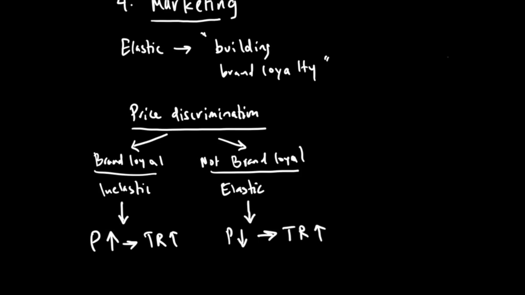A good example would be, in the market which is not brand loyal, you could do something like a promotional discount, lower the prices so that you can attract them. While in the brand loyal market, you don't need to give any discount, so you don't give one.